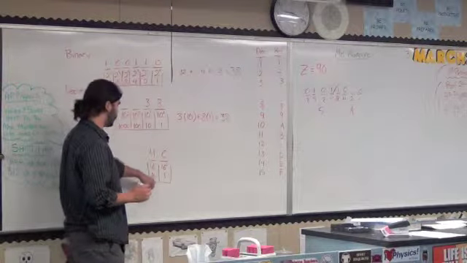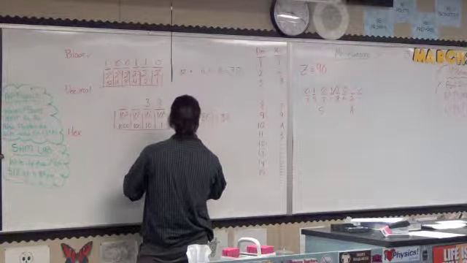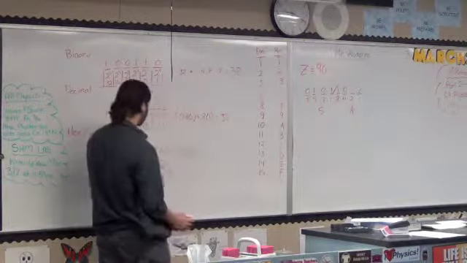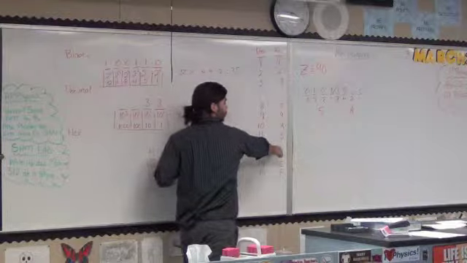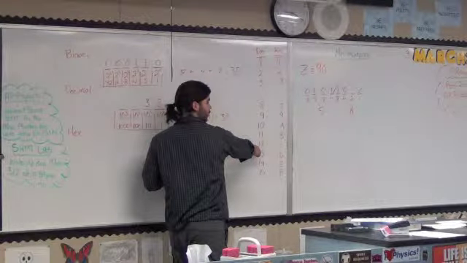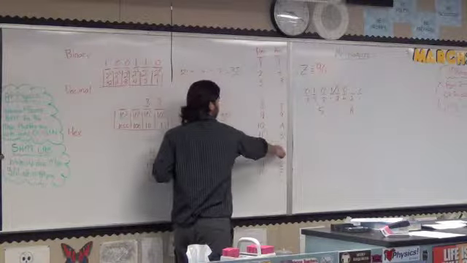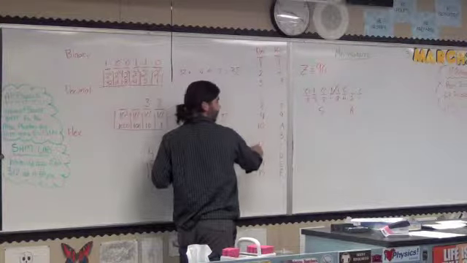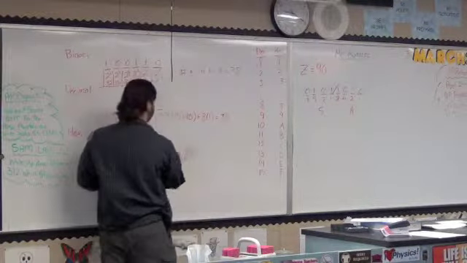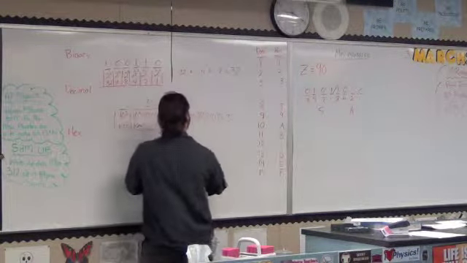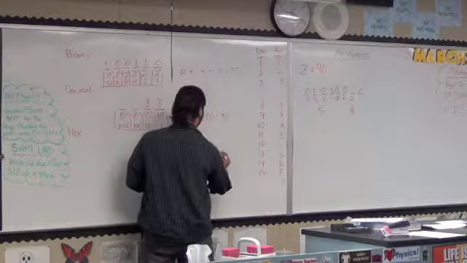Well, you're going to do 4 times 16, the exact same thing, plus C. What does C mean in hexadecimal? C in hexadecimal is 12. So this C here just means 12, so you're going to do 12 times 1.